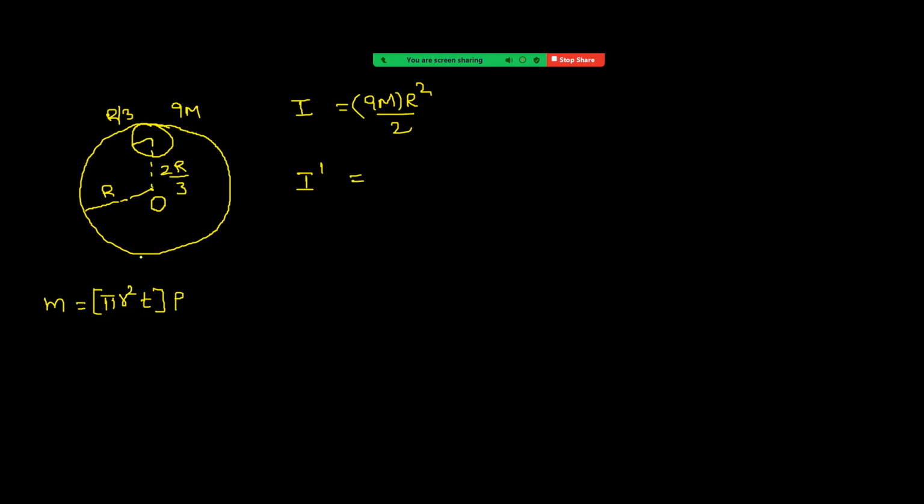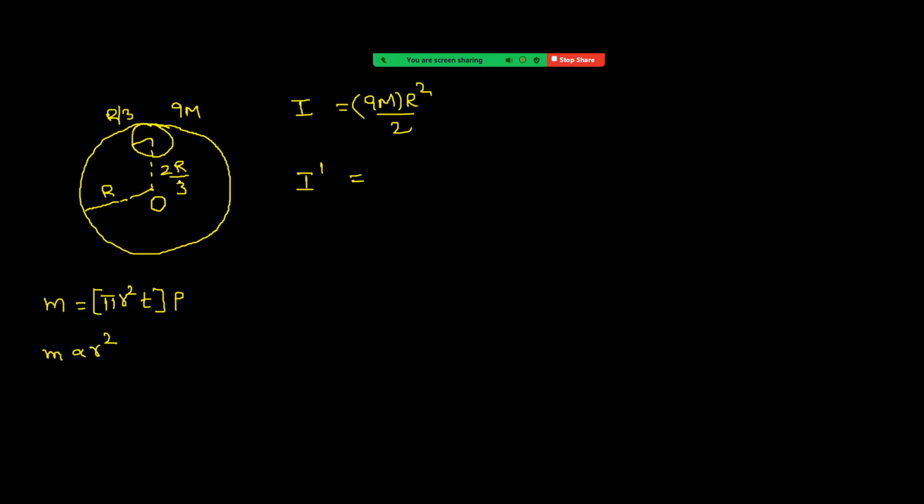Once we take a disk, area is pi r square, the disk has some thickness. This gives us volume into density, that is mass. Now for the removed disk also, same thickness, same density. So the only change is now the radius. Therefore, mass is proportional to the square of the radius. I hope you got this point.